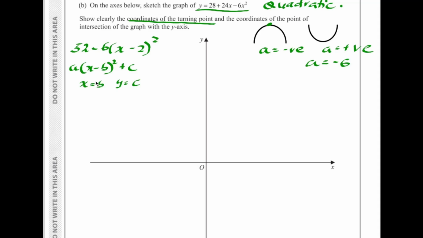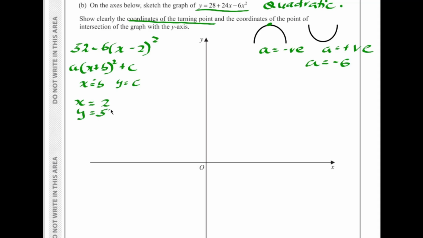Y coordinate represents c, x coordinate represents b. So you have to reverse its sign. It can be either plus or minus depending on this sign. So here I'm getting it as plus. That is the standard format. Therefore, I'm making this one as minus b. Then, depending on our equation, I know that my x coordinate would be x equals 2. My y coordinate would be 52.